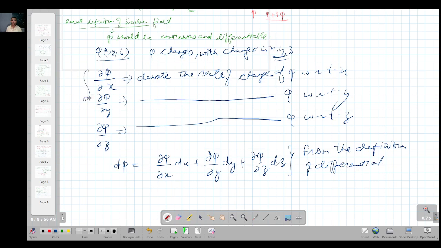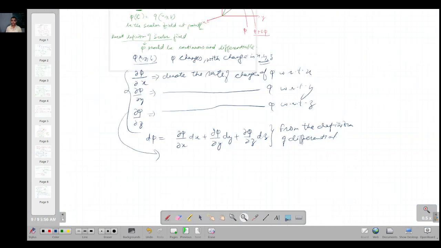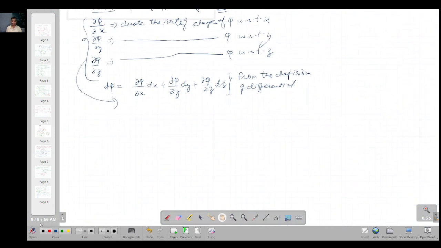And another thing out of this, what we are concluding, that these three suggest that phi has different rate of variation along different directions.